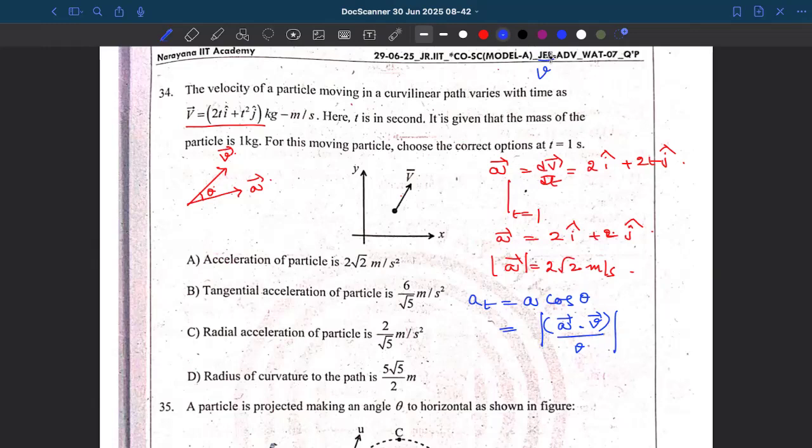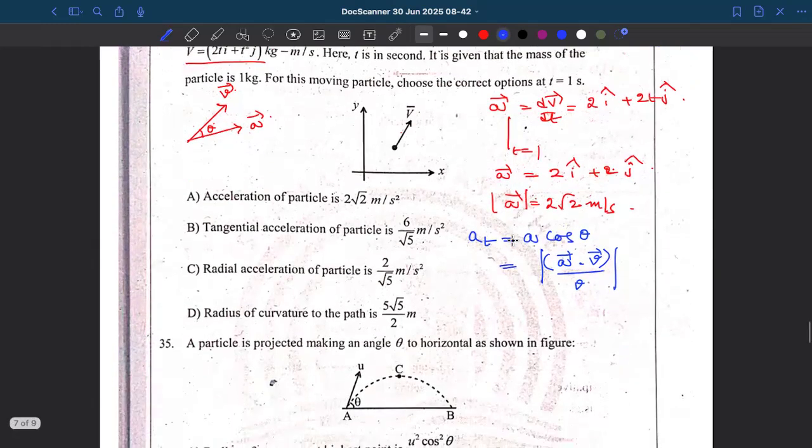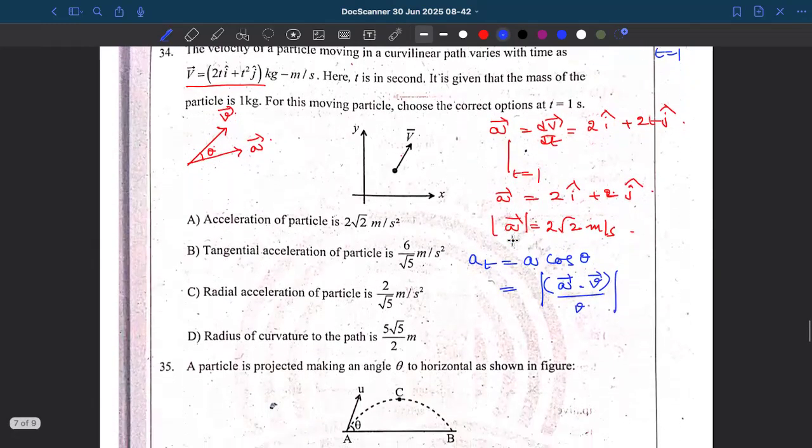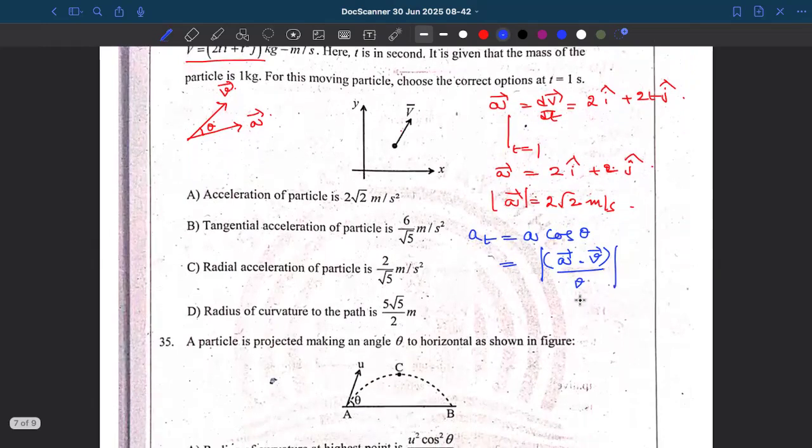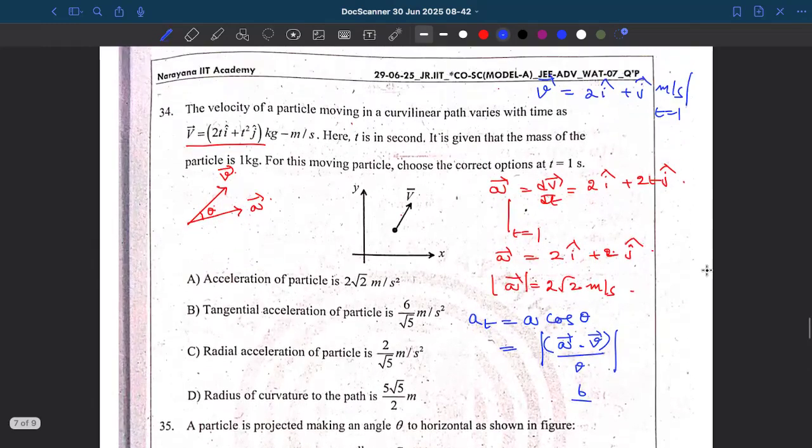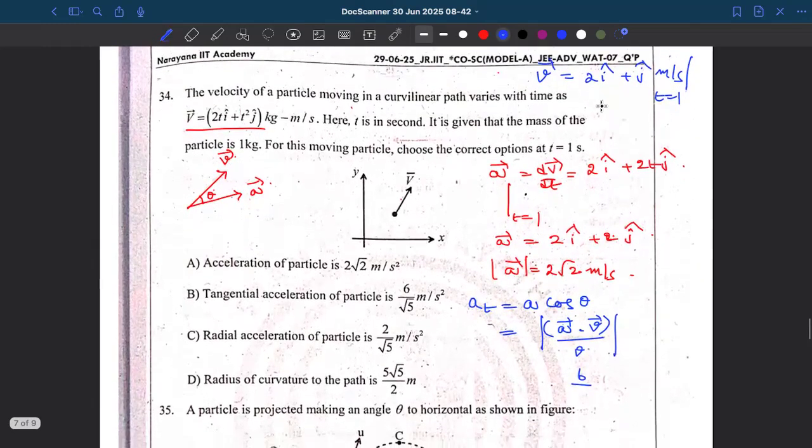You have V bar at t is equal to 1, 2i cap plus j cap meter per second. Now you take the dot product. 2 into 2, 4. 2 into 1, 2. So the magnitude is 6. By the magnitude of velocity is what you require. √5.